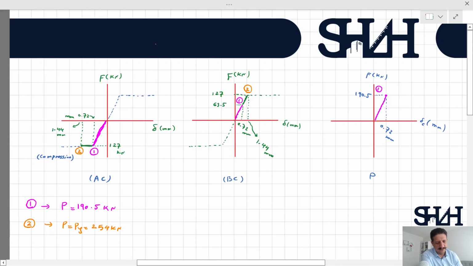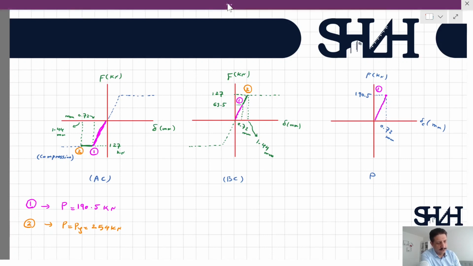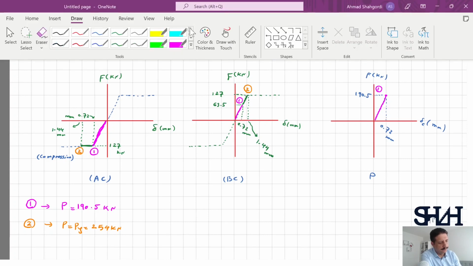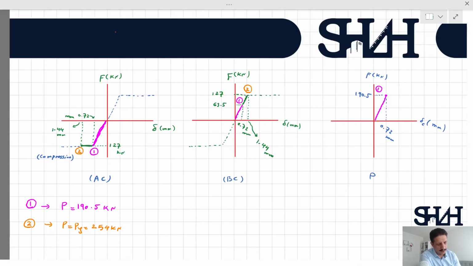In the force displacement graph relevant to the force P, we increase the load by 63.5 kilonewton. So the load will be 254. If this is 190.5, it will be somewhere here, which is 254, and the deformation will be 1.44 millimeter.